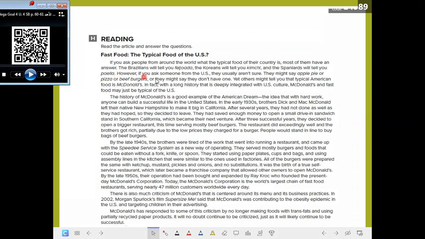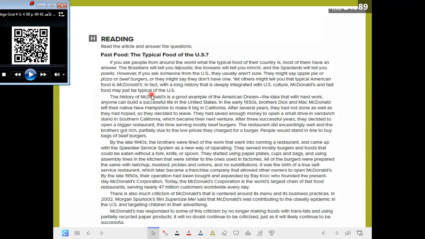However, if you ask someone from the US, they usually aren't sure. They might say apple pie or pizza or beef burger, or they might say they don't have one yet. Others might tell you that typical American food is McDonald's. In fact, with a long history that is deeply integrated with US culture, McDonald's and fast food may just be typical of the US.